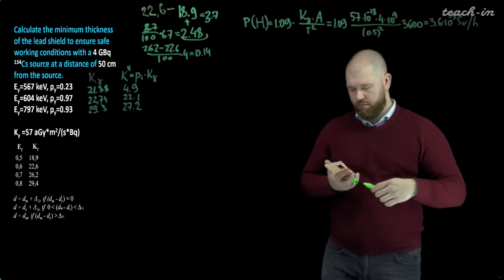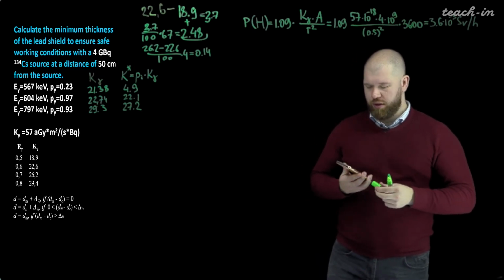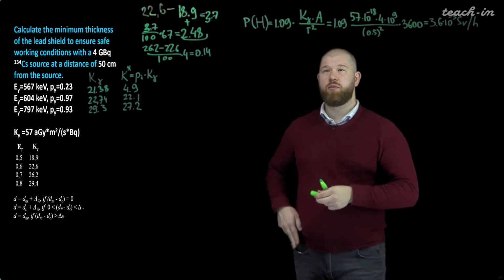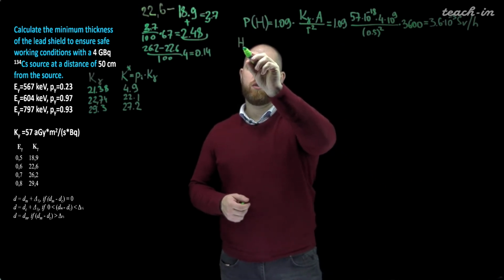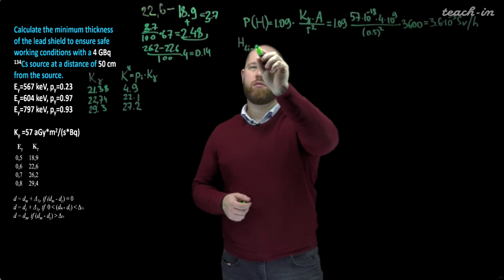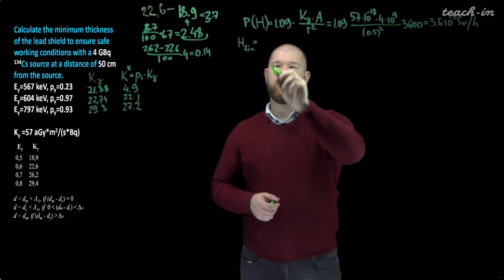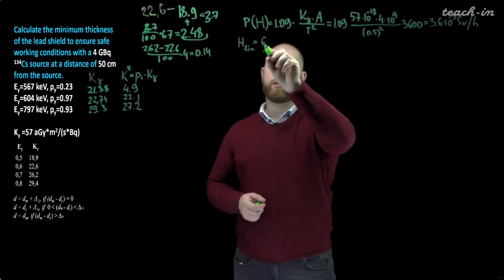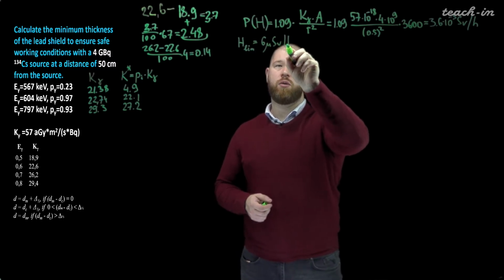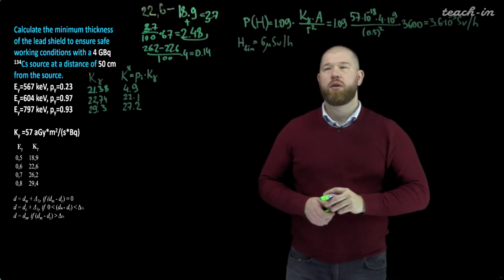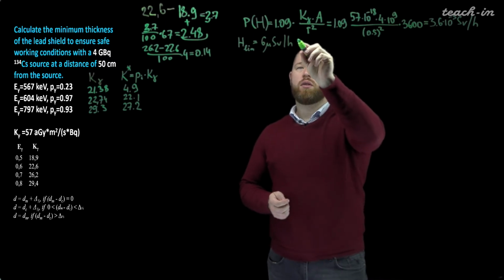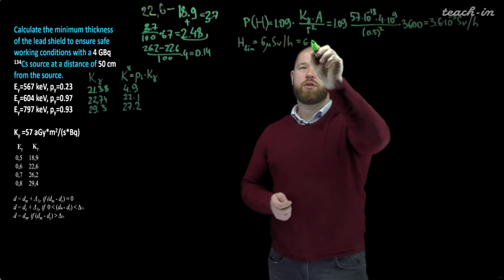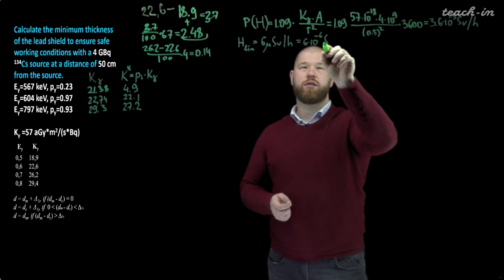The limit for our dose rate at the working place, so H limit, is equal to 6 microsievert per hour. Thus, it is 6 times 10 to minus 6 sievert per hour.